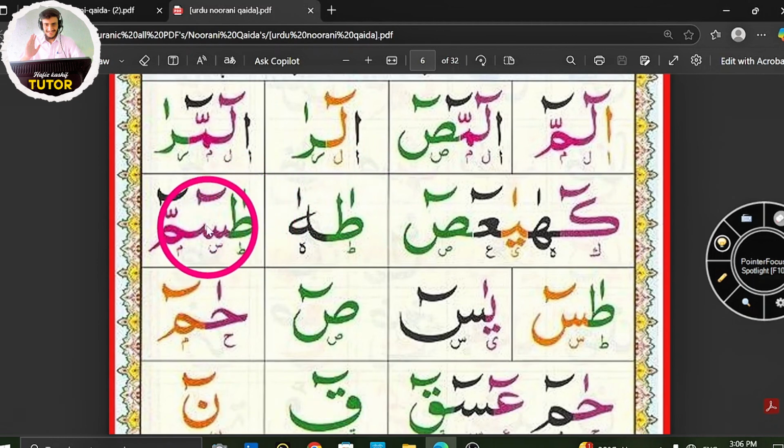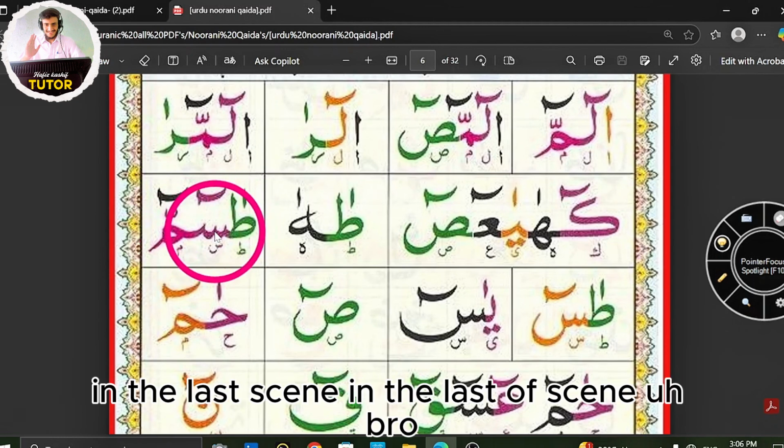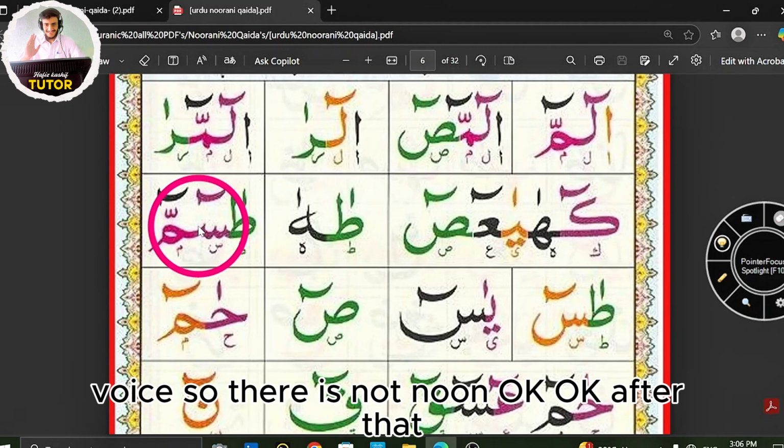Ta, Sin, Mim. On this one, the idgham rule occurs. At the end of Seen, there is a noon sound, okay?